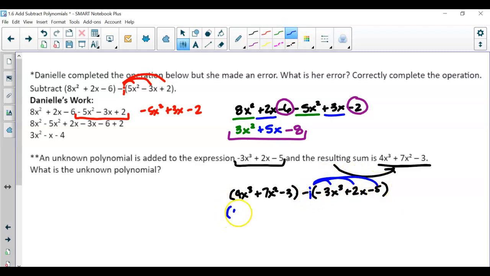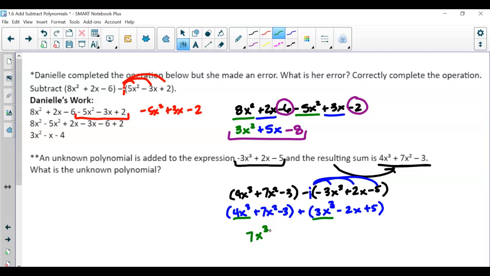So what you are combining with 4x cubed plus 7x squared minus 3 is positive 3x squared minus 2x plus 5. Now start combining like terms. Now there's no x cubed, so bringing, oh, I just realized that's my fault. My finger slipped. That x cubed here. So here we've got 4x cubed plus 3x cubed, which is 7x cubed.